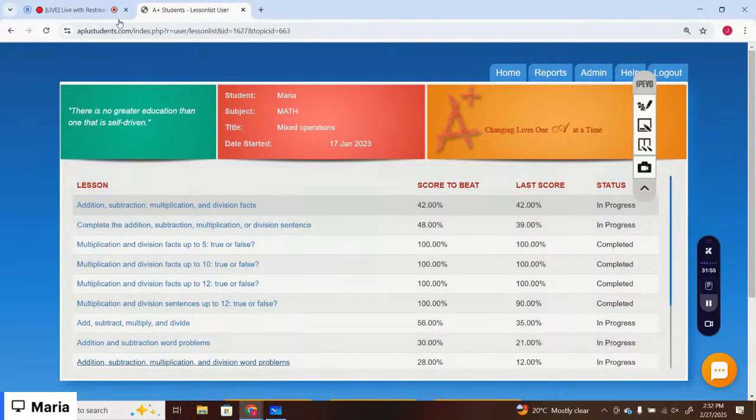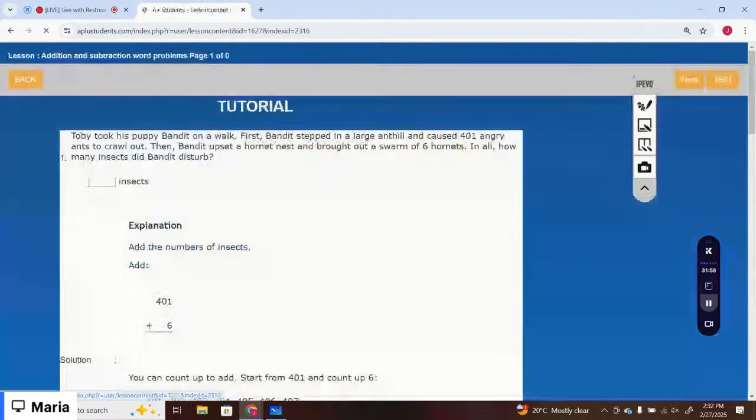The next lesson is addition and subtraction word problems.